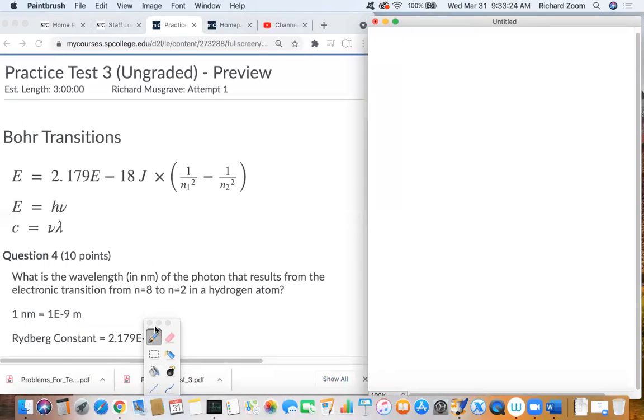So when I went over these, to get the energy, we got the n1, the n2 values. You're going to get the same numerical result regardless of what you choose for n1 or n2, whether it's 8 and 2 or 2 and 8. It's not really going to matter numerically.